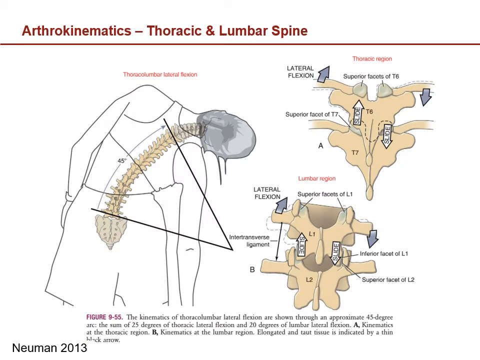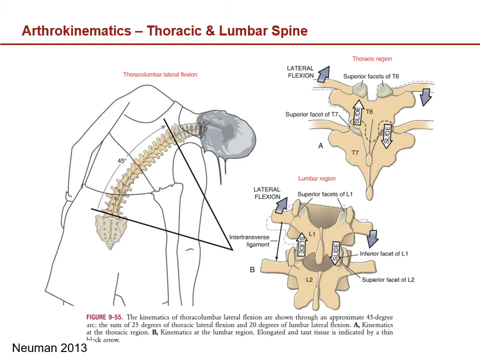Okay, and when we talk about side bending, the thoracic spine is going to be predominantly limited in its ability to side bend due to the presence of the ribs. However, what motion does occur when someone is side bending to their right, and we're looking at the mid thoracic at T6, T7, we can see that on the ipsilateral facet there will be a down and back slide, whereas on the contralateral facet there will be more of a superior slide, one on the other.